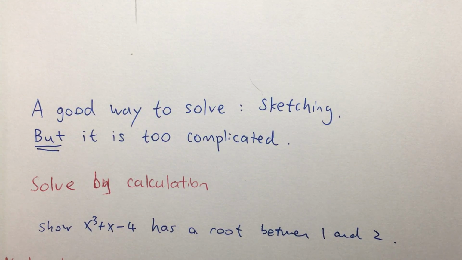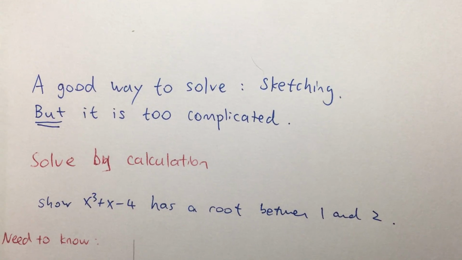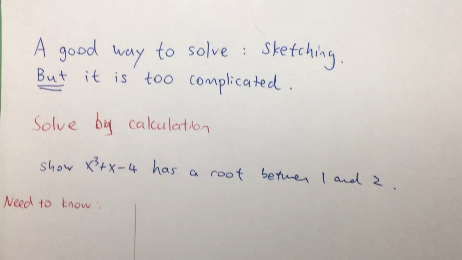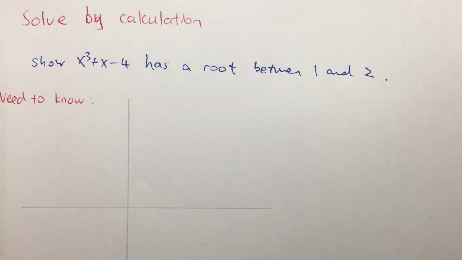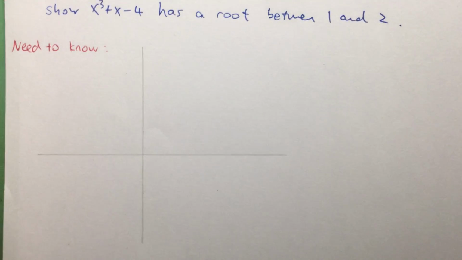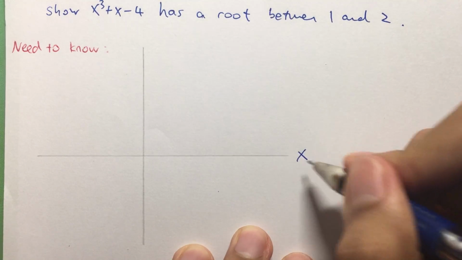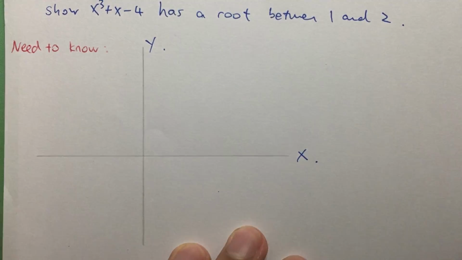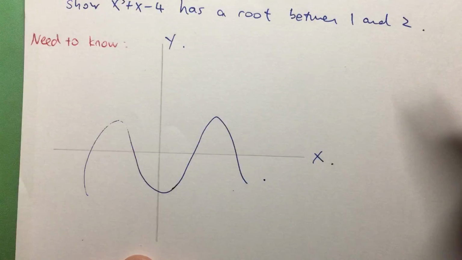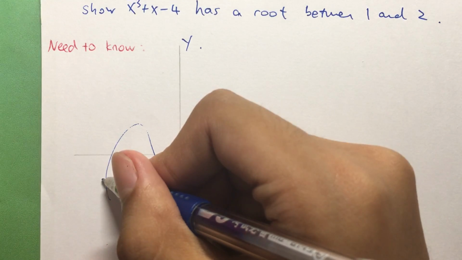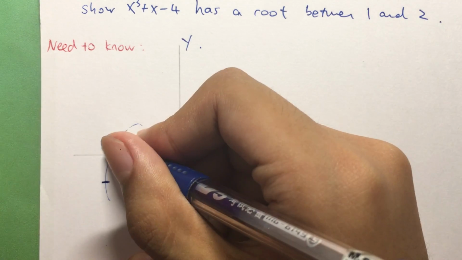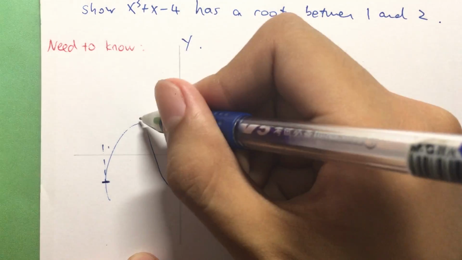Let's do the same question again: show that x cubed plus x minus 4 has a root between 1 and 2. The first thing you need to know is this: this is the x-axis, this is the y-axis, and we have a random function like that. Now our range is from here to here.